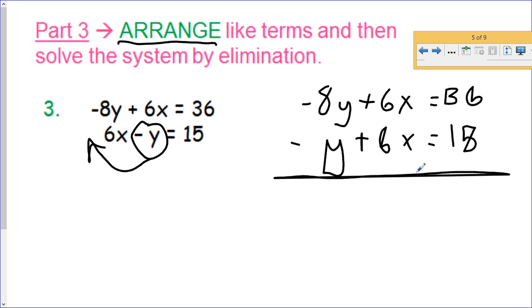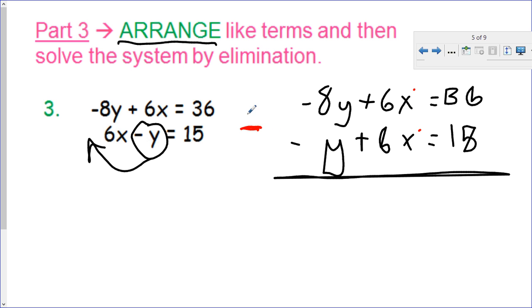In this situation, I've got a positive 6x and another positive 6x. If I want to somehow cancel these out, I have to decide, am I going to add them together or subtract them? Since they're both positive, I'm going to subtract them because that's the only thing that will cancel them out.